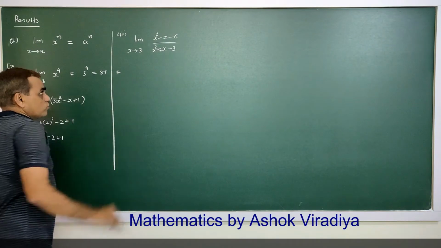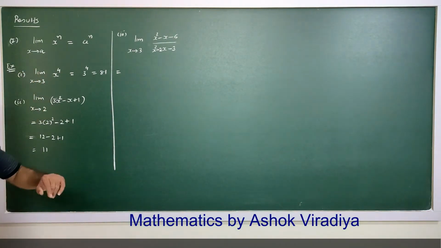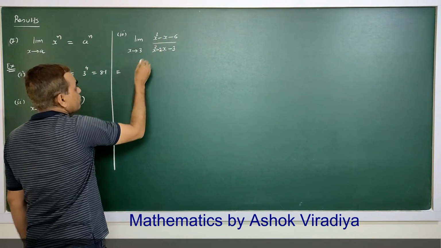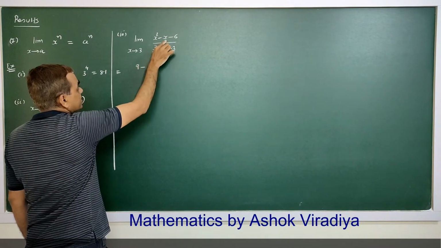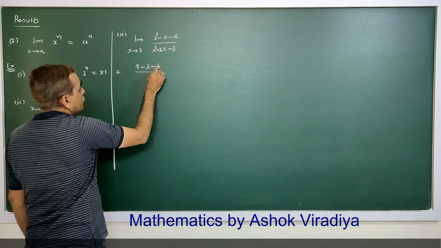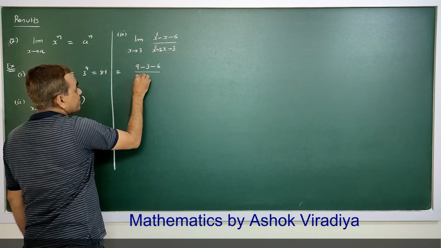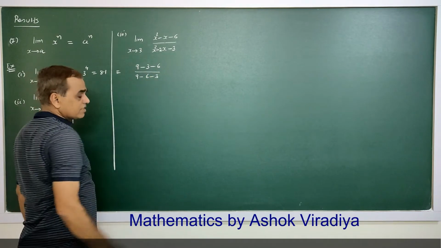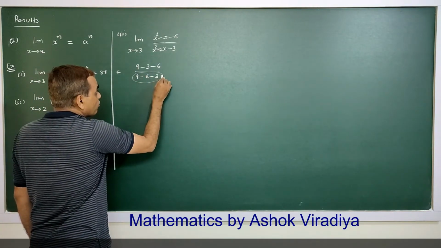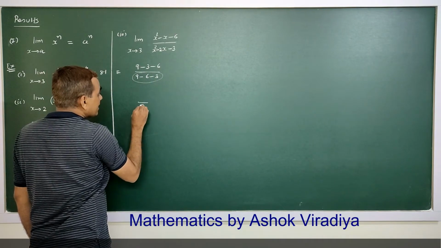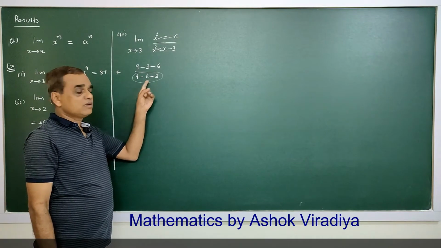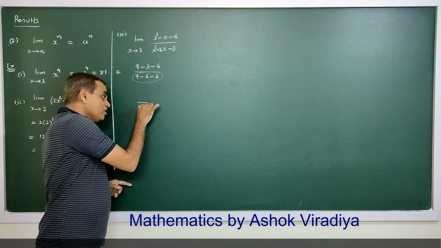Now see, if you keep here x equal to 3, then what will happen? 3 square is 9 minus 3 minus 6 upon 3 square is 9 minus 6 minus 3. See, in the denominator we are getting 0. Denominator 0 is not allowed.